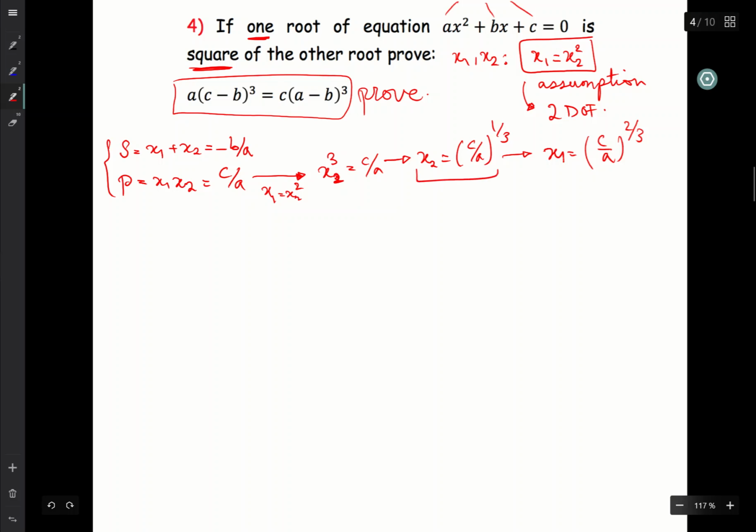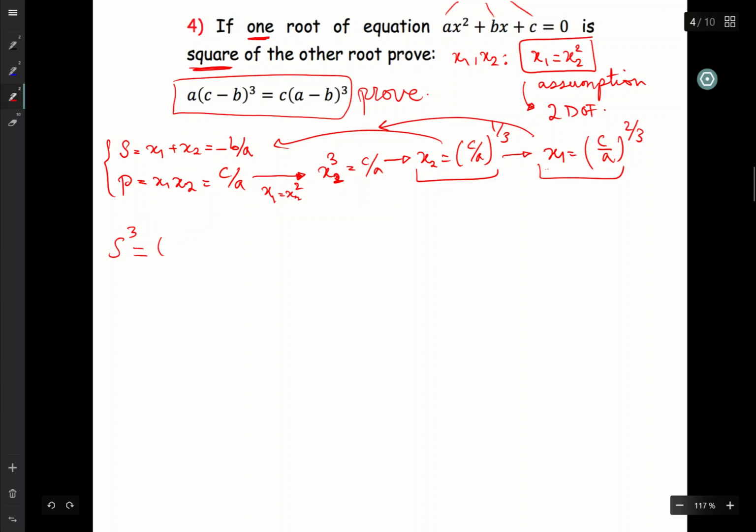And then now I have these two, I put them back in the sum, right? That's another relation. C over a to 2 over 3 plus, or maybe before I do that, because I have a power of 1 over 3, let's cube it first.